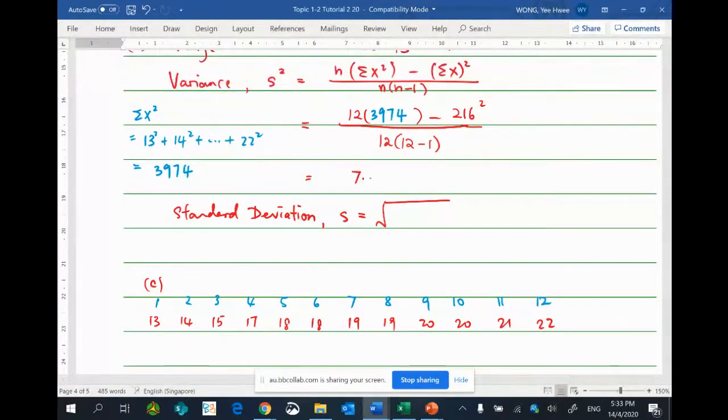Then you get 7.82. This is called variance. Standard deviation is just the square root of this variance. Square root this, and you get 2.80. Did you get that?